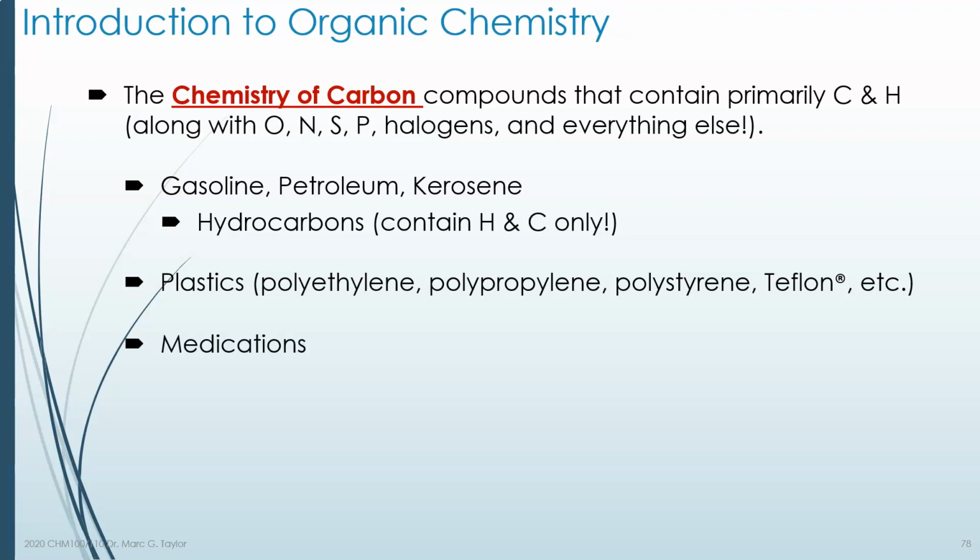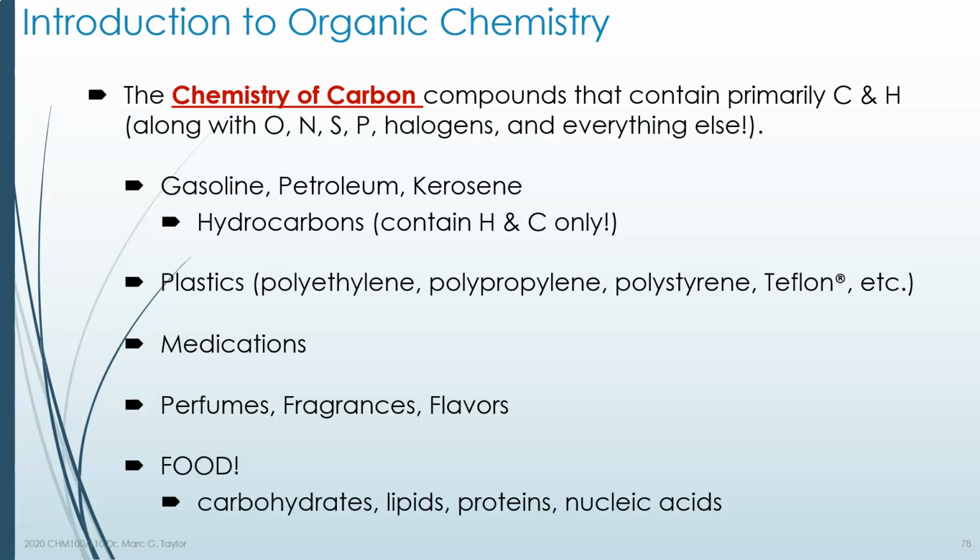Almost every medication that you can take, with a couple minor exceptions, are organic molecules. They're carbon-based. The same thing goes for pretty much anything with a smell or taste, like perfumes, fragrances, and food flavors. These all are organic molecules. All of your food, with just the exception of water pretty much, are organic molecules.